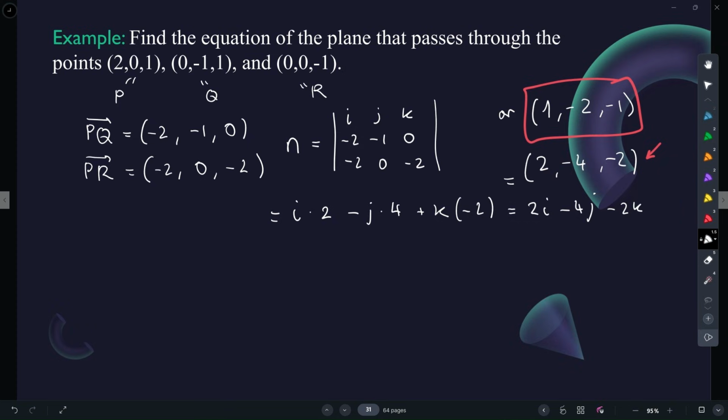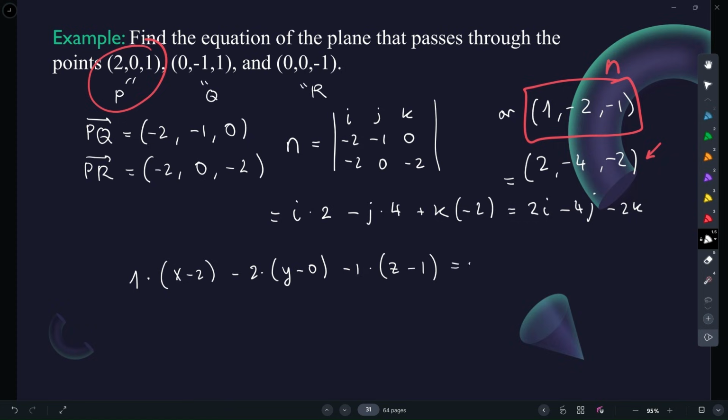And now I can use my scalar equation for the plane. I'm going to use the point P and my normal vector to write an equation. So this is 1 times (x minus 2), minus 2 times (y minus 0), and minus 1 times (z minus 1) equals 0.